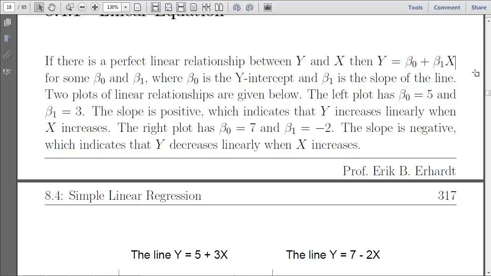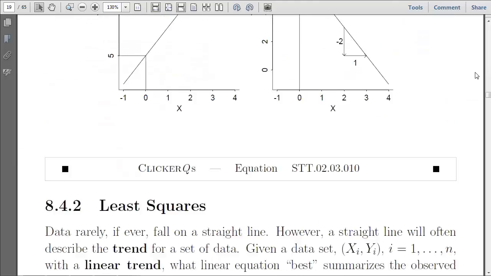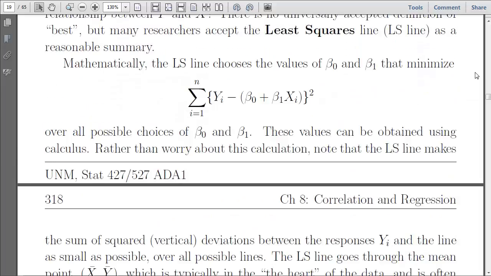So I'm going to scroll down and we're going to see that right here. yi minus (beta naught plus beta 1 xi), just that part, equals 0. Now we won't have it equal 0 unless the yi's and the xi's fall on a perfect line. If they don't fall on a perfect line, then this line won't actually describe the data perfectly.